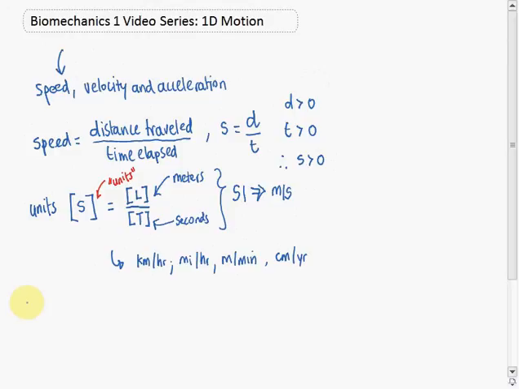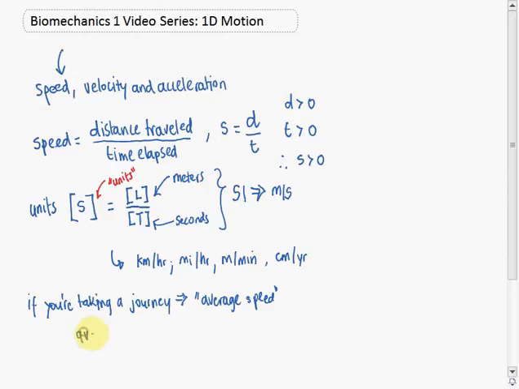Okay, so if you're taking a journey, you might be interested in the average speed, right? How fast do you have to travel to get from point A to point B, which means that average speed in and of itself has a definition.